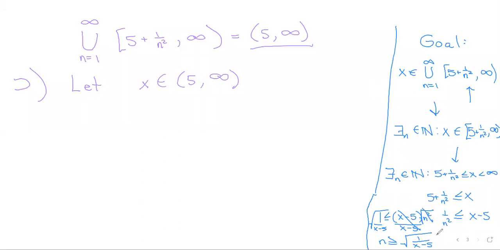And since this value right here exists in real numbers, because we said x will be from 5 to infinity, not including 5, we can't get 0 in the denominator there.